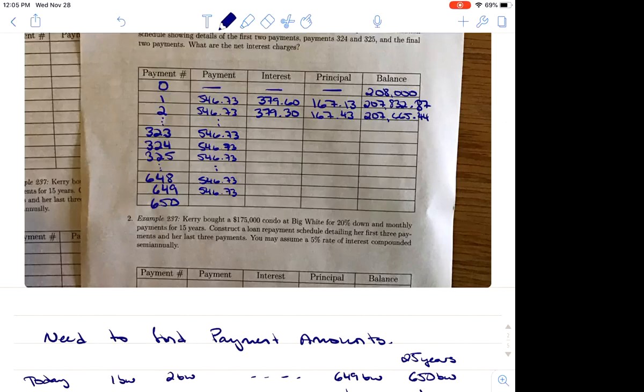They say, fine, but we need to take the interest amount of 379.60. So we subtract the 379.60 from the payment, and that gets you your principal amount. And then you subtract that principal amount from the balance. And then it just keeps going. Okay. So, yeah, any questions about that? We'll do a few more rows.